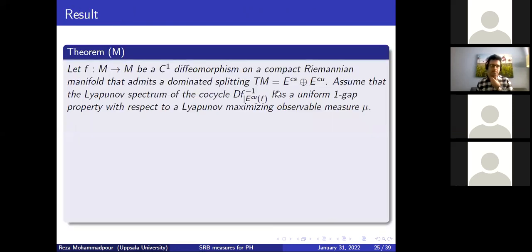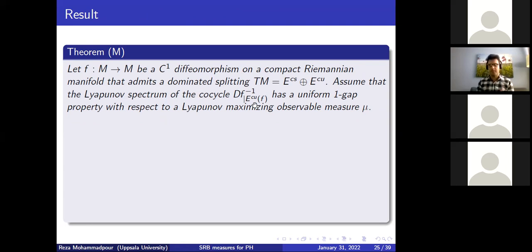So now I can mention the main result. Let f from M to M be a C^1 diffeomorphism on a compact Riemannian manifold that has a dominated splitting, a general partially hyperbolic system. Assume that the Lyapunov spectrum of the cocycle, pay attention to this cocycle. What is this cocycle?